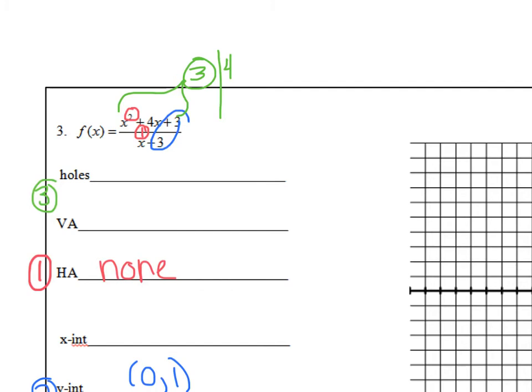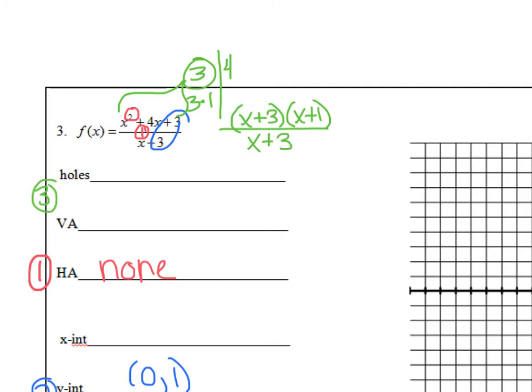Well, the only factors of 3 are 3 times 1. And 3 plus 1 is also 4. So we have x plus 3 over x plus 1. On the denominator, all we have is an x plus 3. There's no GCF. X only has an exponent of 1, so that means it's completely factored.